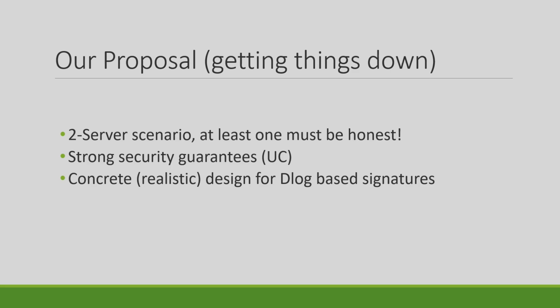And once we tried to get things down, the first thing we realized is that we needed to go to a two-server scenario, and to assume that at least one of the servers should be honest. And the reason is that if we want to authenticate users using passwords, and you give your password to the server you're interacting with, then he will be exactly in the same position as you are.